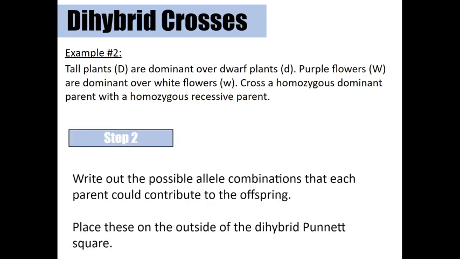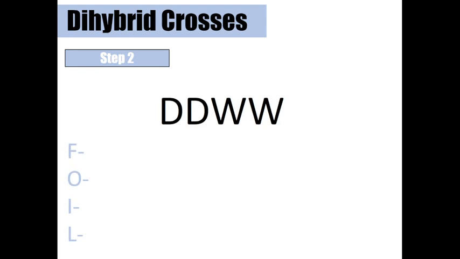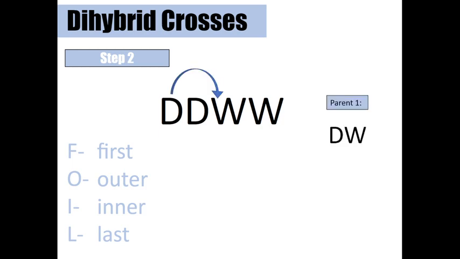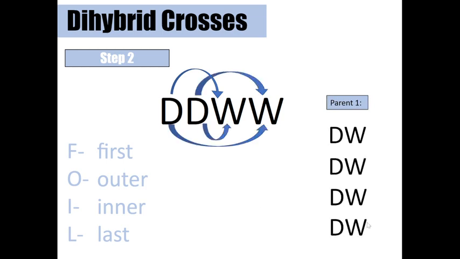Now step 2, let's write out the possible combinations for each parent that could contribute to the offspring. And we're going to place these on the outside of the dihybrid Punnett square. So once again, we're going to do the FOIL method where we're going to go first, outer, inner, and last. So parent 1 can have DW, DW, DW, and DW.